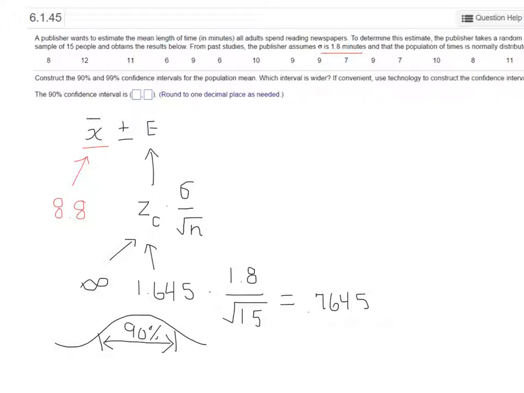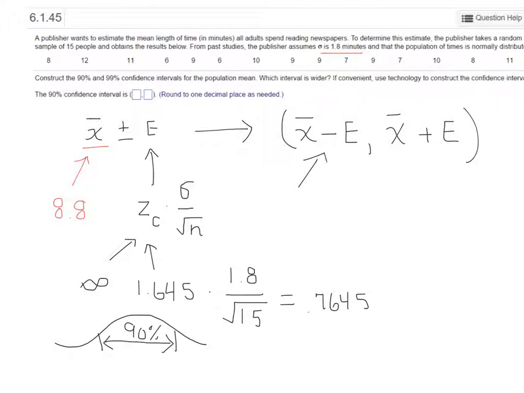All right, so we're almost there. We now are going to calculate the lower end of our interval and the upper end of our interval. The lower end will be the x bar minus our margin of error, and the upper end will be the x bar plus our margin of error.